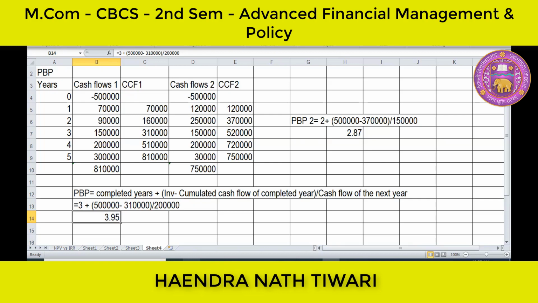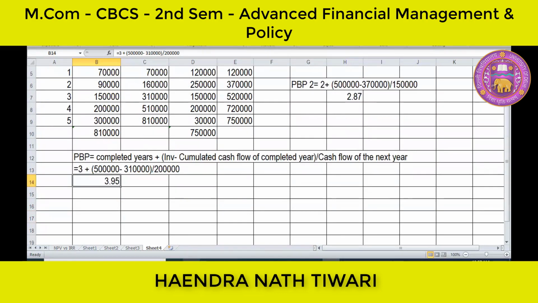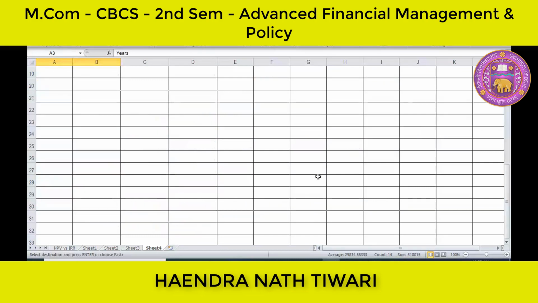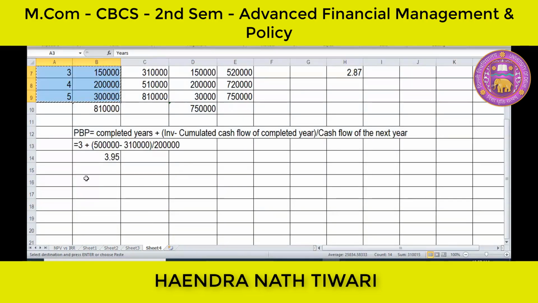Payback period method is very easy to calculate. Suppose you invested 5 lakh rupees for 5 years and the cash flows were equal.